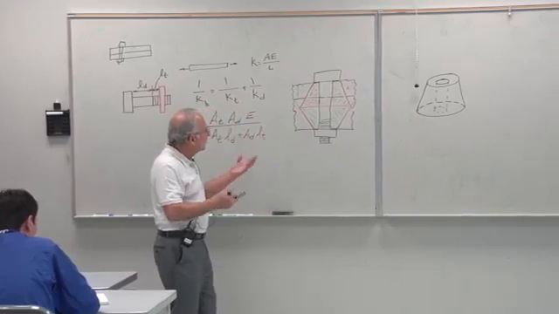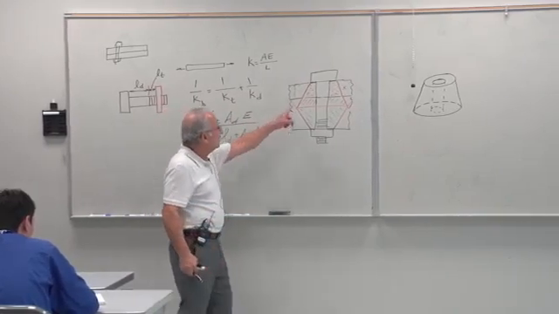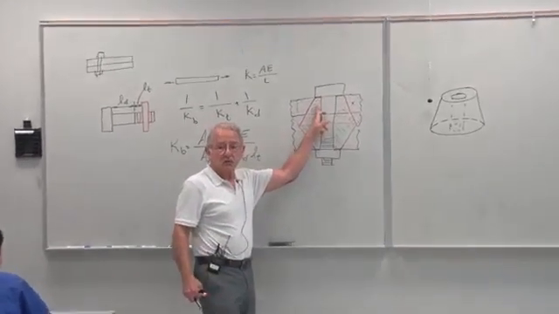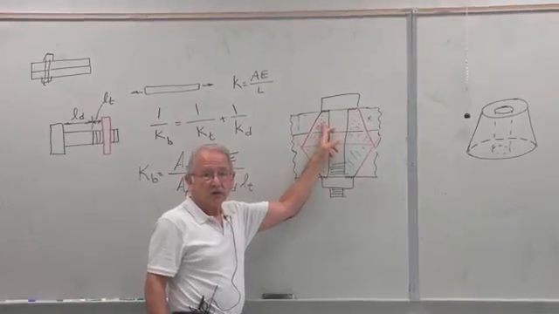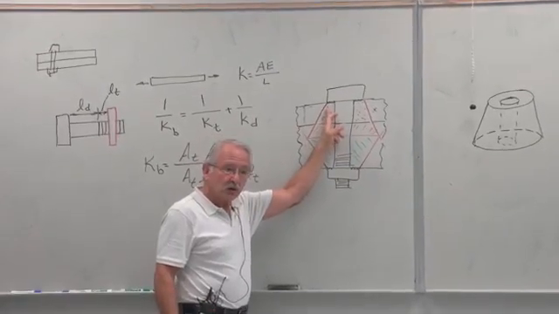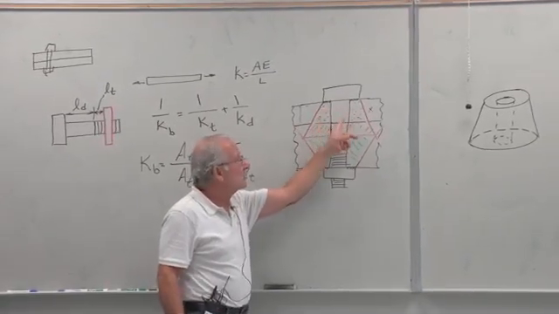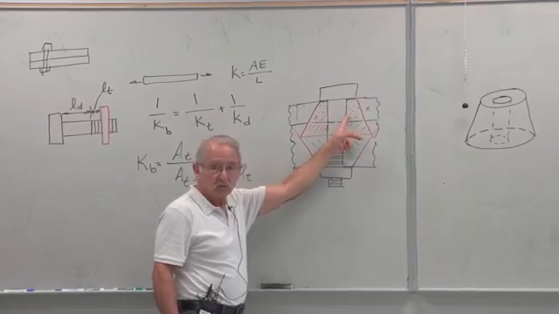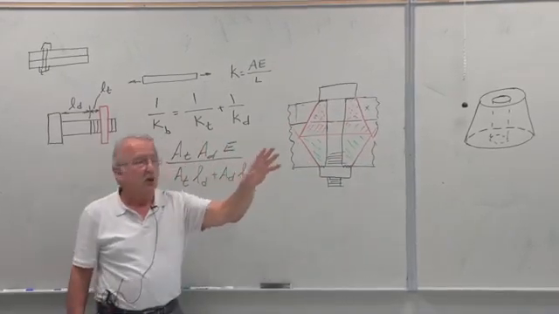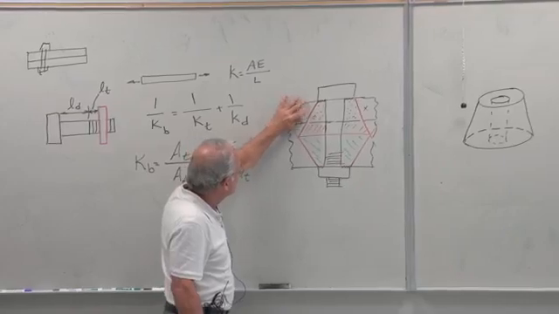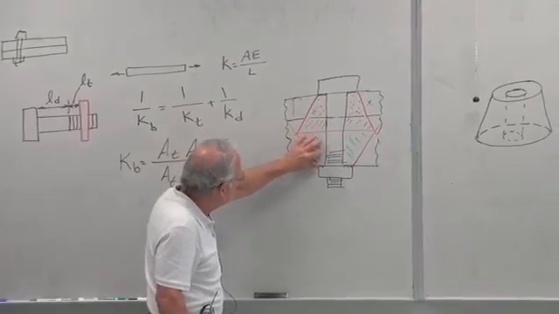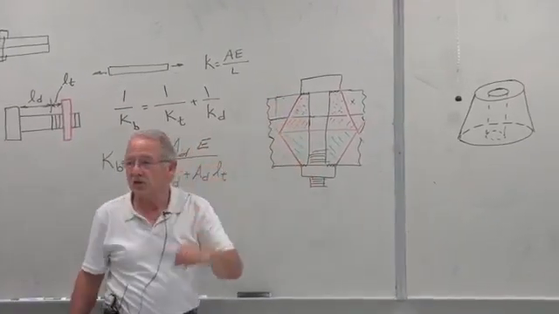So what we're going to do is to take a look at one of these frustums, come up with an equation that defines the stiffness of that frustum, a general equation. Then apply it to this one, to that one, to that one. Then say we have 3 springs in series.